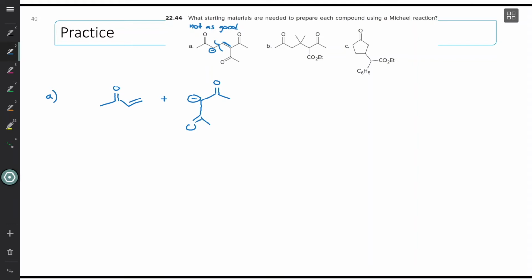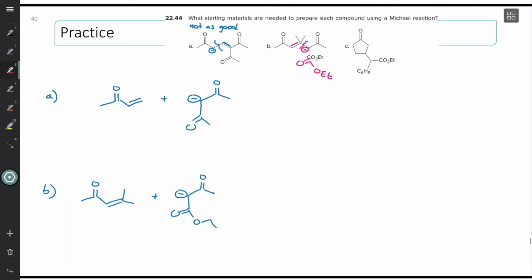Okay, so with B, again, trying to find that enolate that's between two carbonyls. This is another ester here. So that would be better, and then we would break here, and this would have to be our double bond. So B, it's like this, plus that enolate.